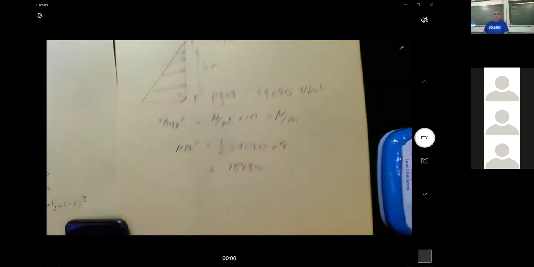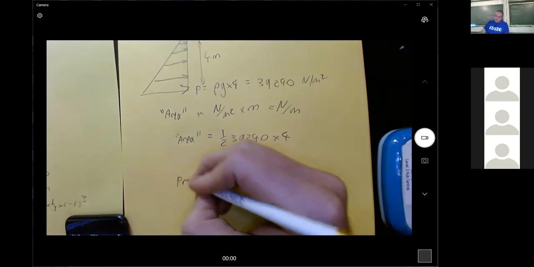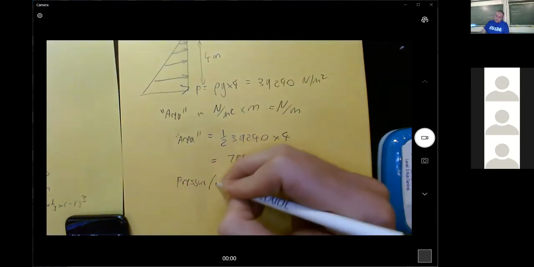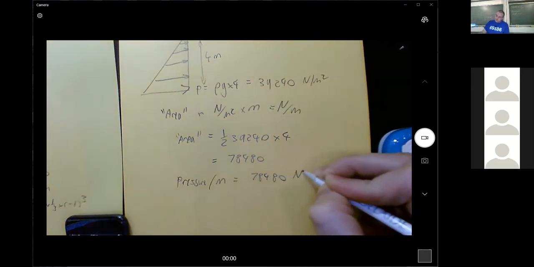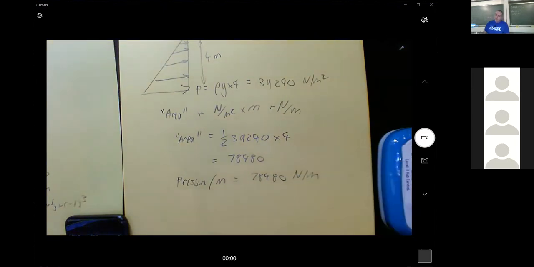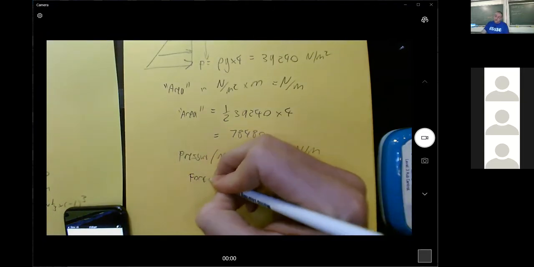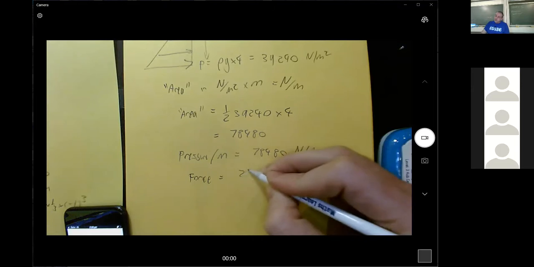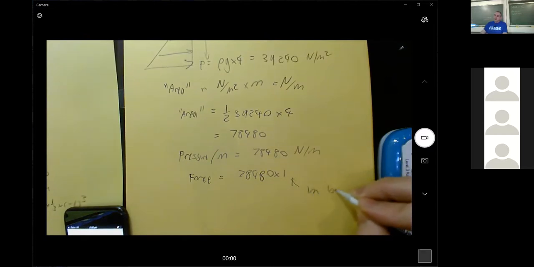And so now we have that the total pressure per meter, newtons per meter. And so therefore the total force should be, times 1 because it's 1 meter long.